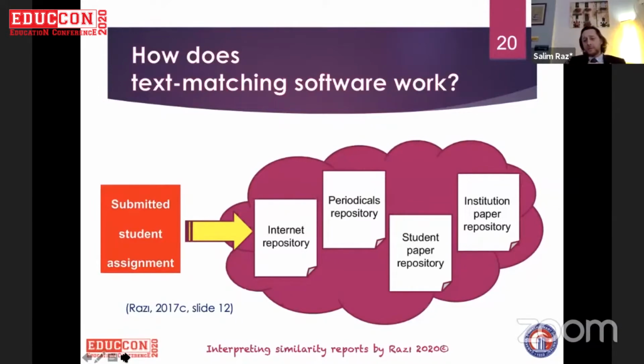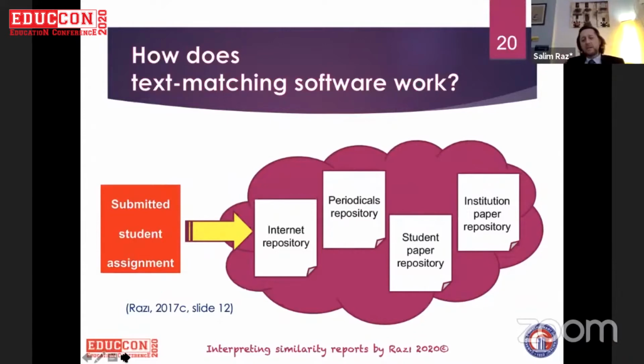One, the internet repository, which means that any student assignment will be checked against any internet sources. Secondly, it will be referring to periodicals and academic sources, because they have some connections with publishers, and they go beyond paywalls and then check articles and some books.